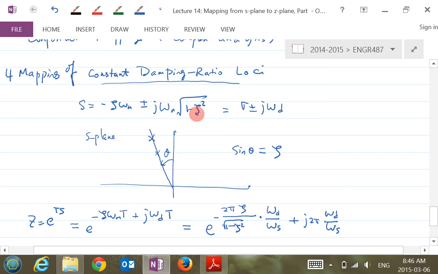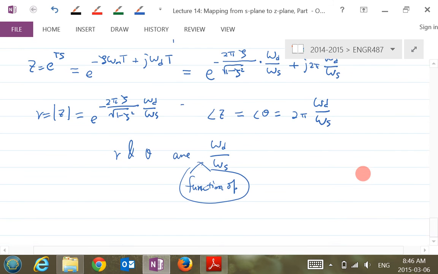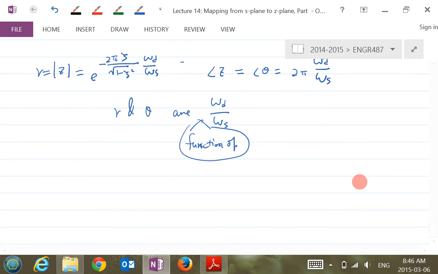So if omega d is going to increase, the r will decrease, and the theta will increase. So r will decrease and theta will increase.